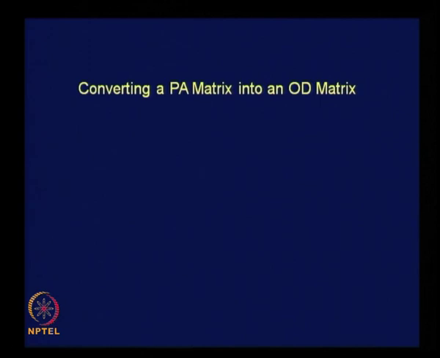Now while presenting the data in the form of PA matrix we have no problem, because we have information in terms of P and A, production and attraction, but we need to have OD information for route assignment. So in this context it is better to understand how to convert a PA matrix into an OD matrix. It is not difficult, it is very simple.